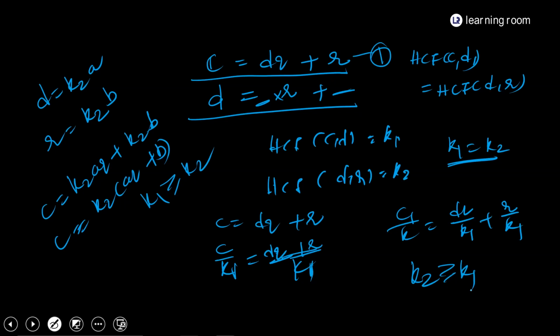Is it clear? So we are taking HCF of C comma D as K1, HCF of D comma R is K2.